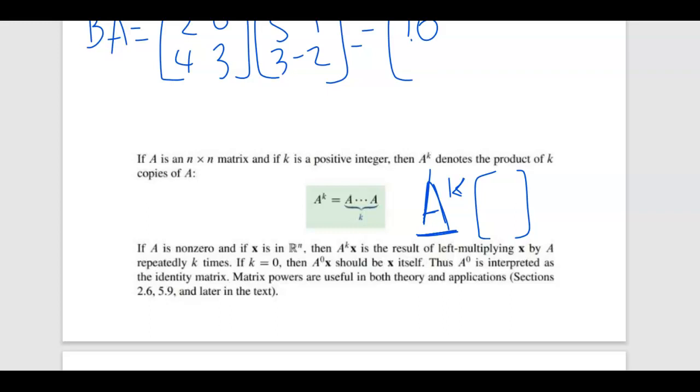If K is 0, it does have the normal identity, that anything to the power of 0 is 1, so you would just have X. And you can say that A to the power of 0 is then the identity matrix.